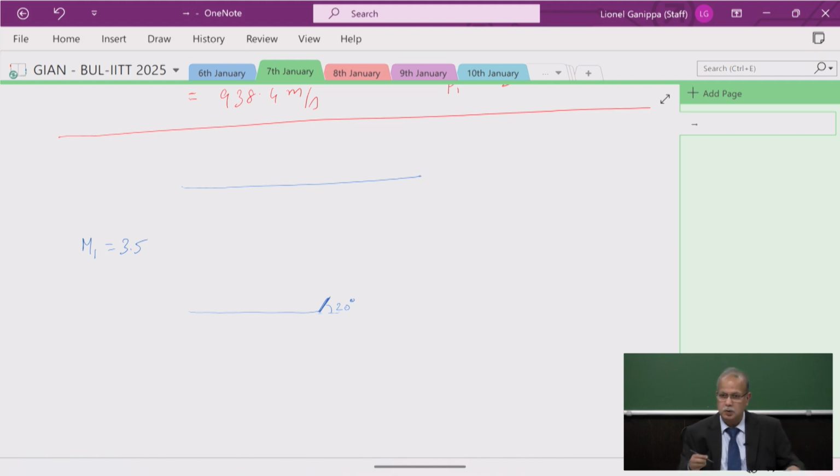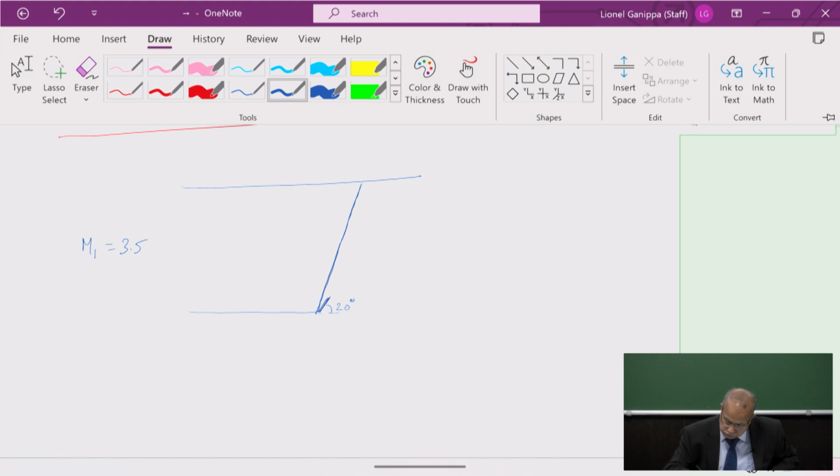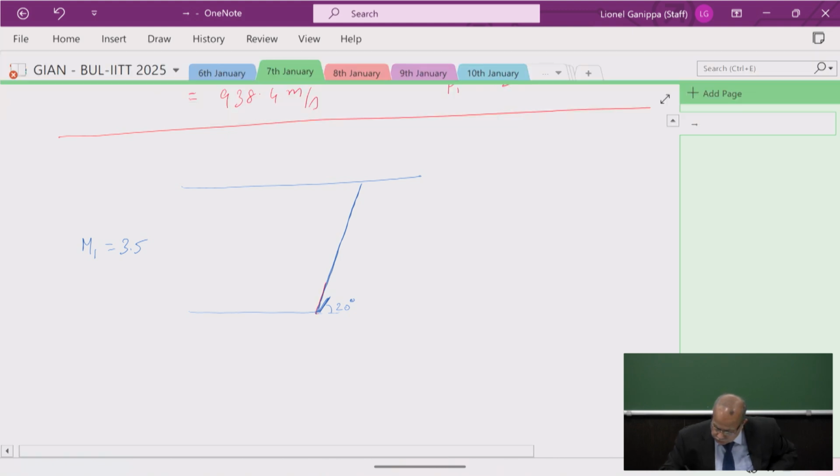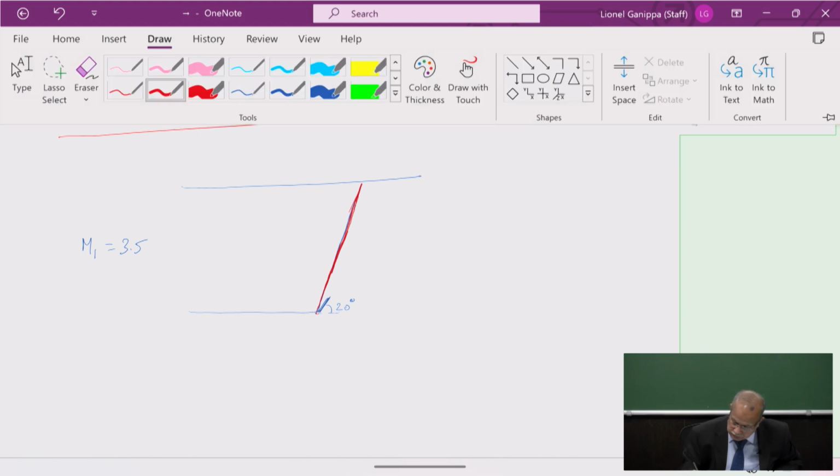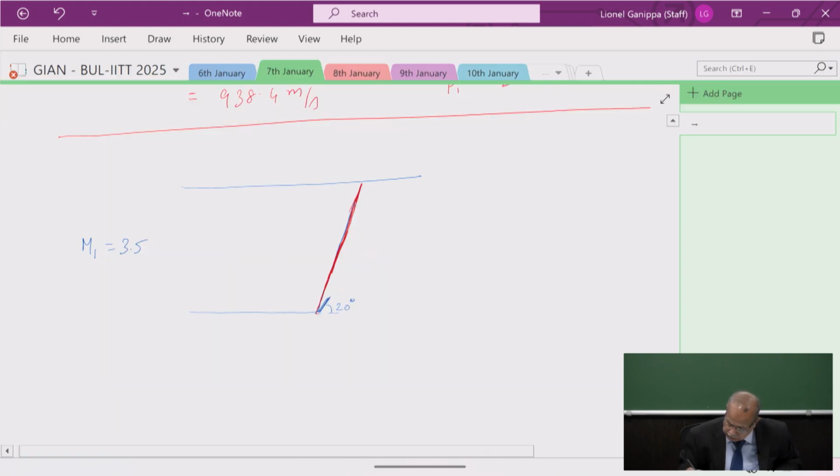When you have a supersonic flow encountering a concave surface, immediately there will be an oblique shock. So here you have an oblique shock that is being formed. Now the oblique shock is going to hit the upper surface of the solid wall. Because it is going to hit the solid wall, there will be reflection. But before that, let's see what happens here.